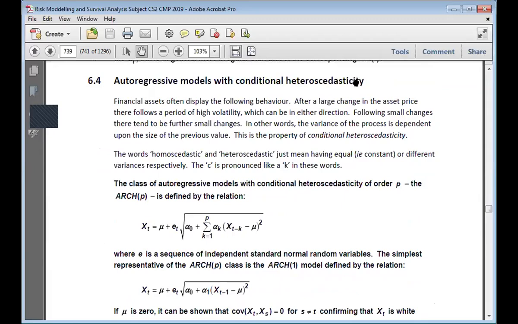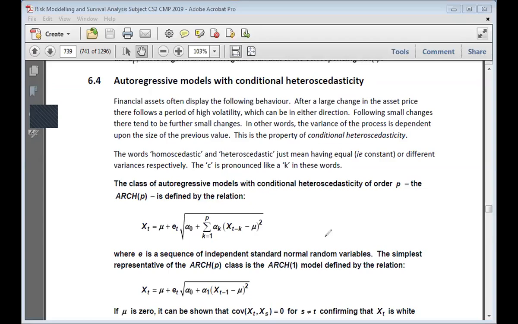Can someone explain what they understand by the term heteroscedasticity? Anyone? What do you understand when I say that there is heteroscedasticity in my data? What's happening in the data?